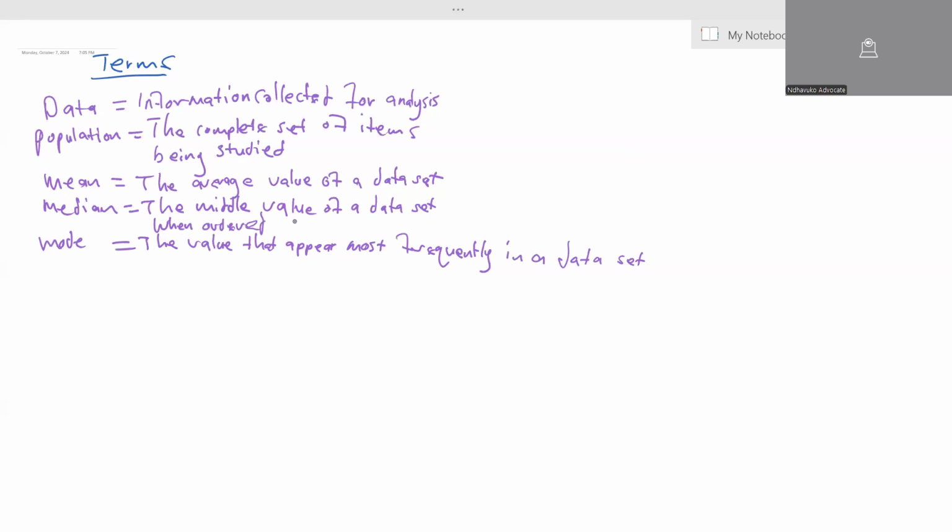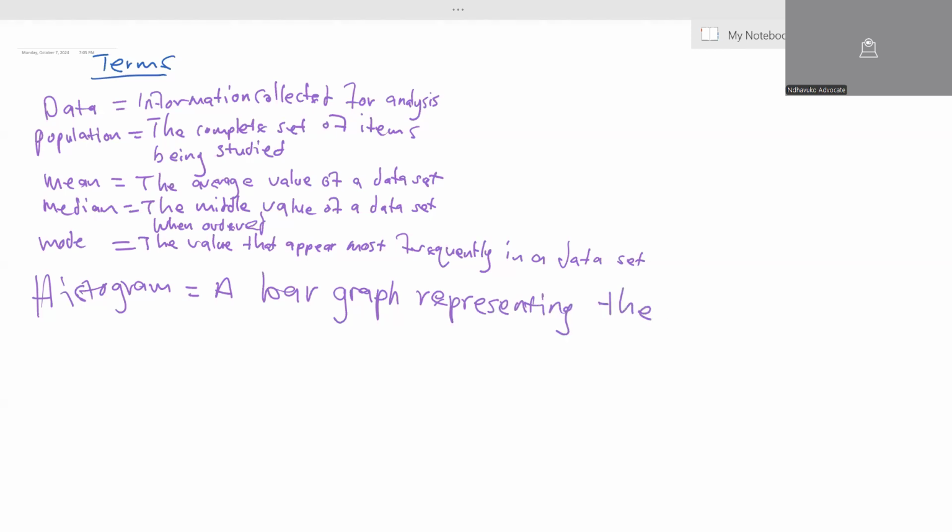So the last one that we should discuss is the histogram. The histogram is a bar graph representing the frequency distribution of a data set. Let me write it down so that we get to the calculations.